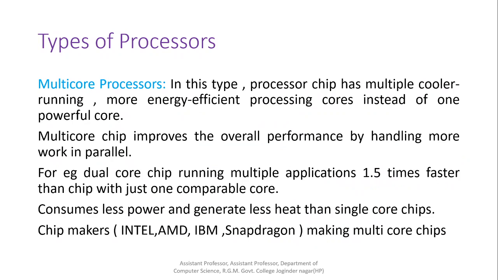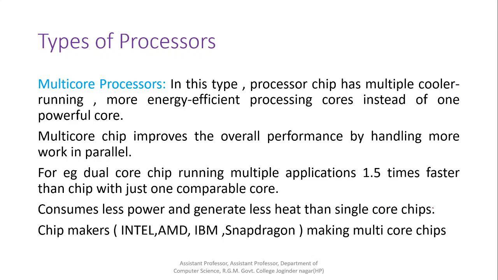The next processors we have in today's world are multi-core processors. We have dual core computers, quad core, octa core, and hexa core. Dual core means the processor has 2 cores. Quad core means the computer system contains 4 cores. Octa core means the system contains 8 cores.